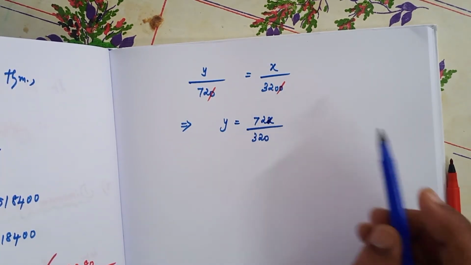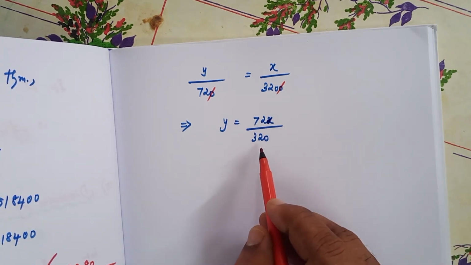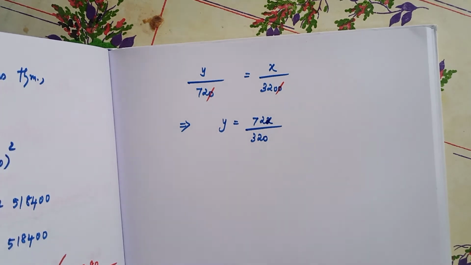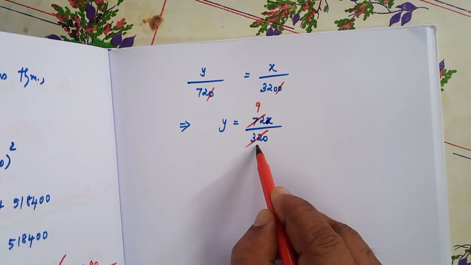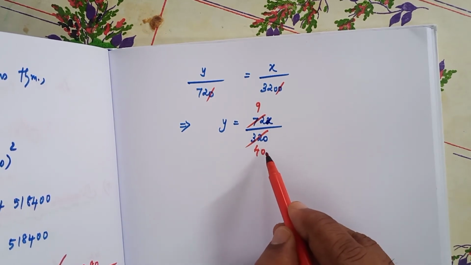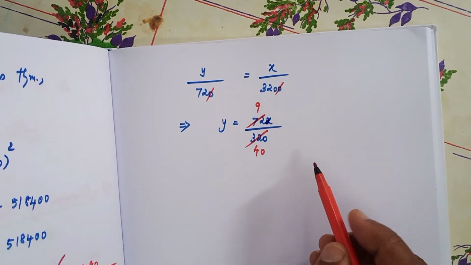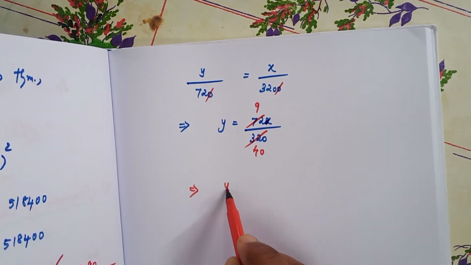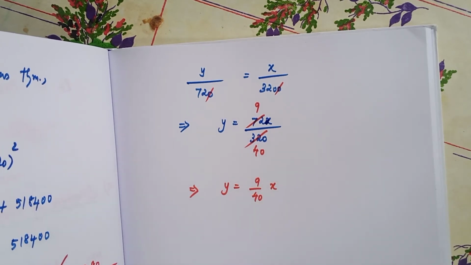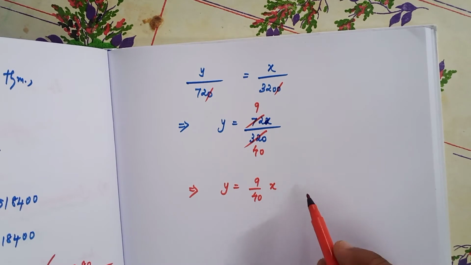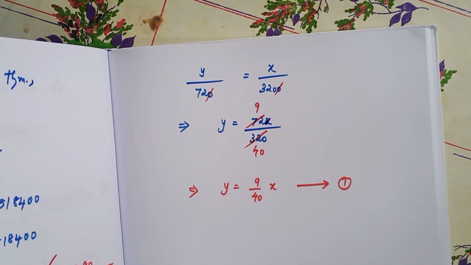Here you can cancel by 8: 8 40s are 320, 8 9s are 72. So y is equal to 9 by 40 into x. Okay, let it be equation number 1. Now you can easily find out that height.